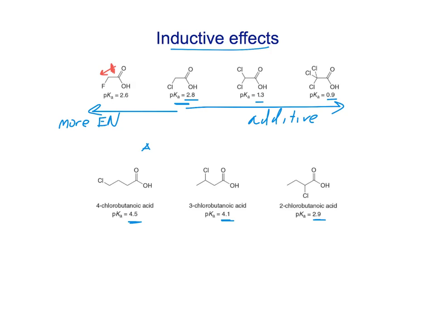Exactly. So on the right, where the lower pKa is, the electronegative group is closer. So as that electronegative group moves farther away, the inductive effect falls off. It just can't pull the electron density through that many bonds.